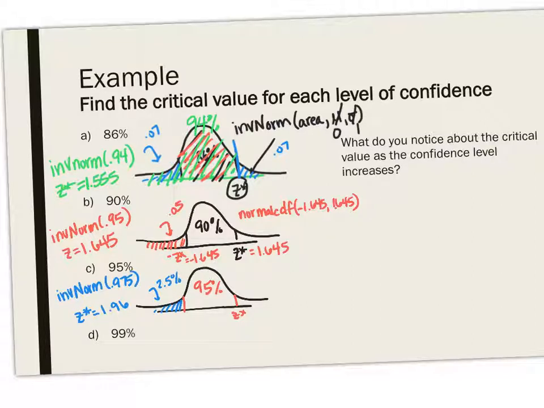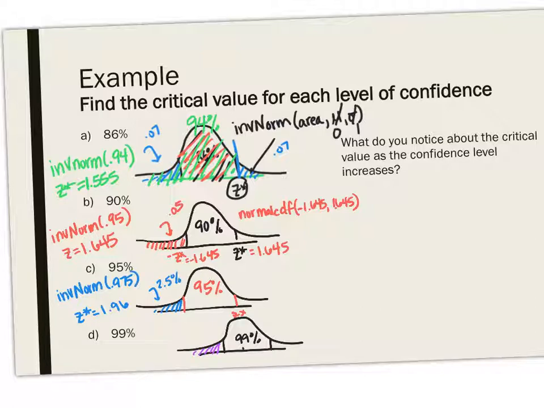The last one, 0.995. Again, draw your curve. And this time you want 99% under the curve. If 99% is under the curve, how much is not underneath that curve? 1%.